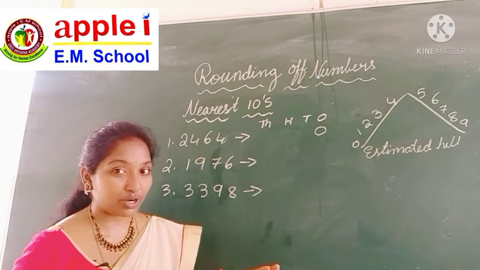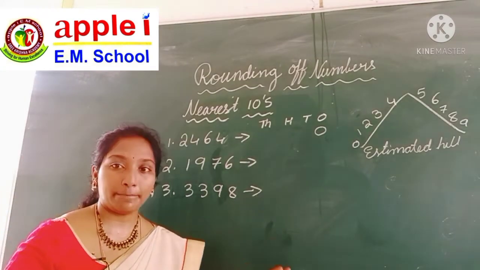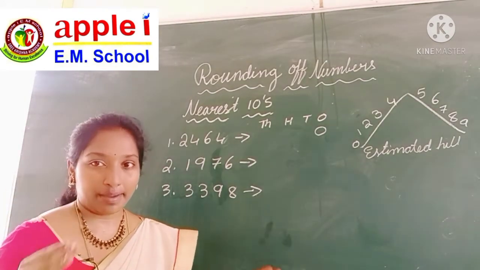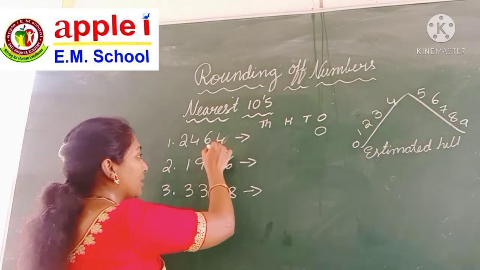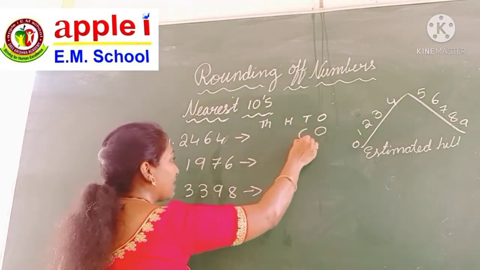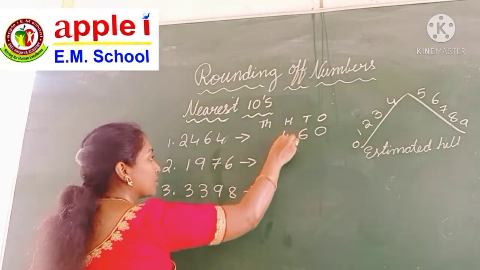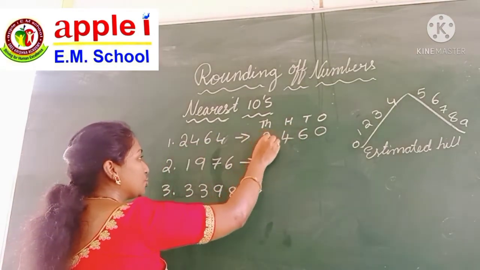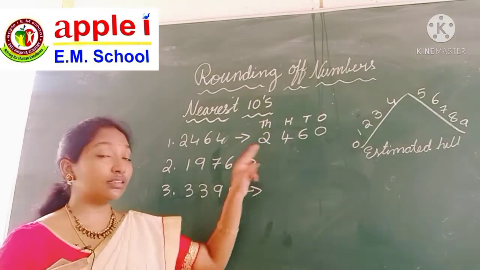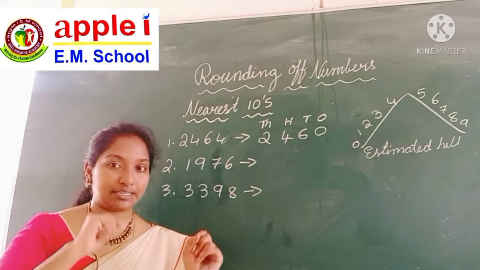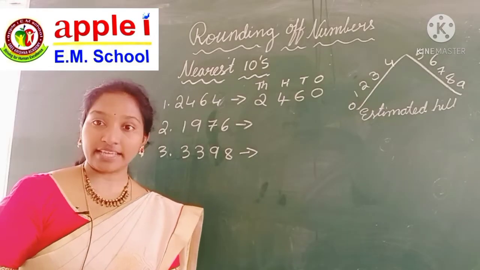So remaining we have to write the same numbers. Tens place is 6, hundreds place is 4, thousands place is 2. So what is the answer? 2460.